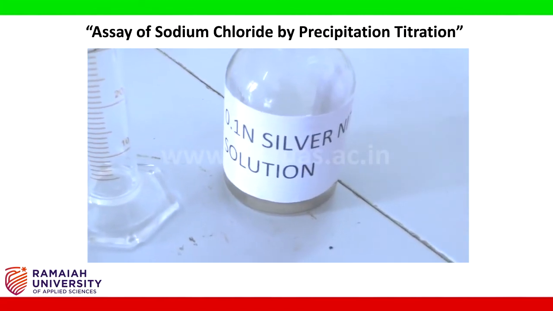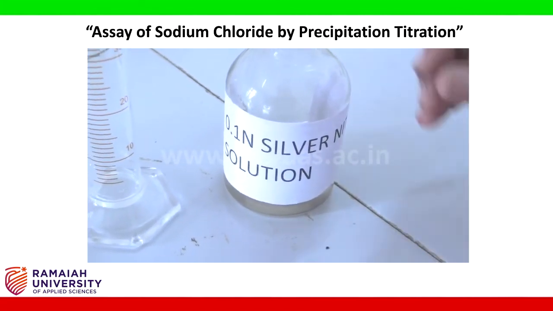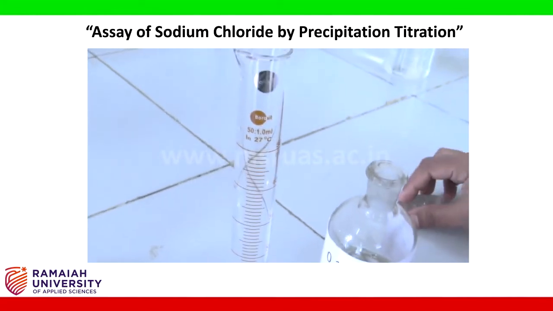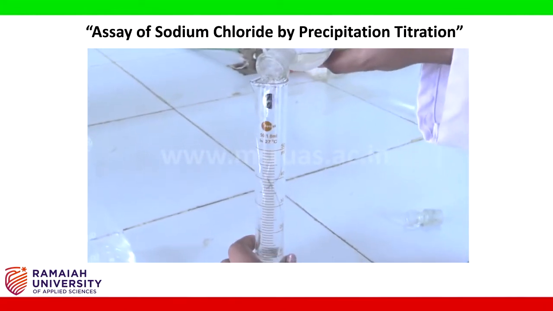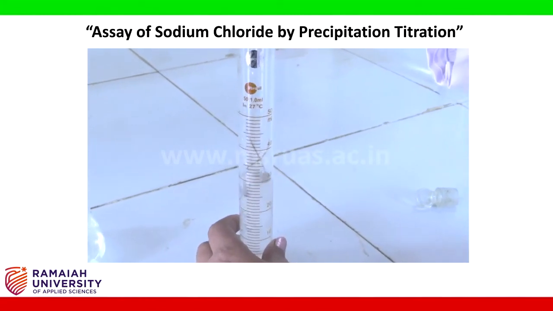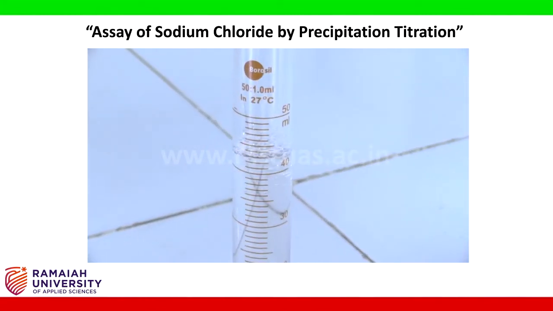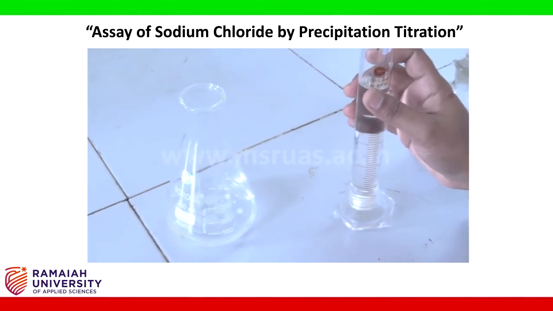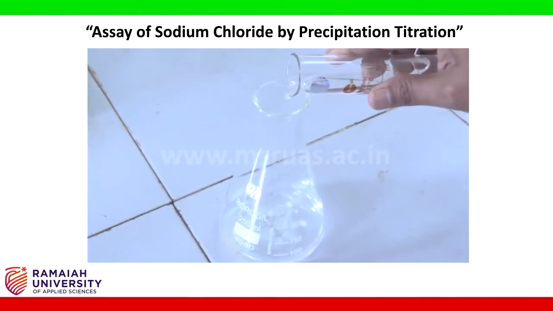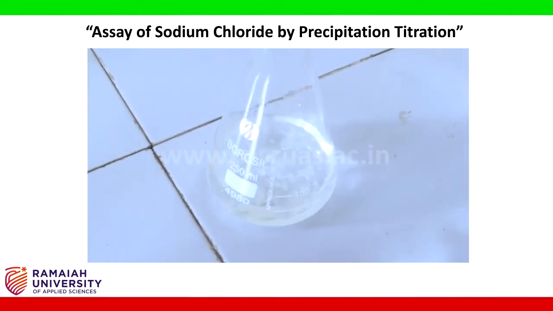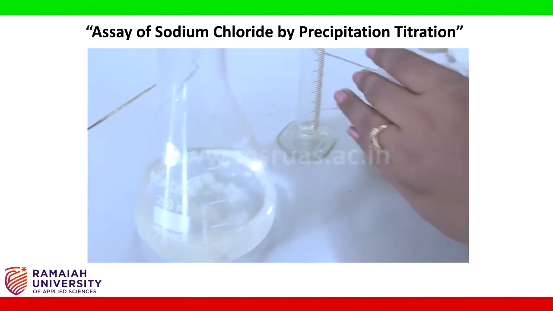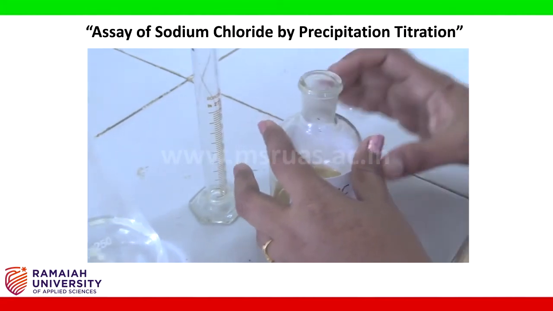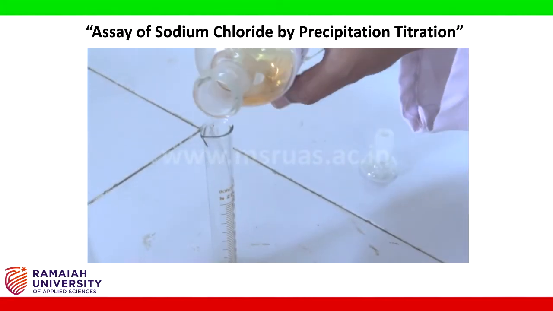Then add 50 ml of 0.1 N silver nitrate solution using measuring cylinder into the conical flask. Stir the solution and then add 2 ml of ferric alum indicator.